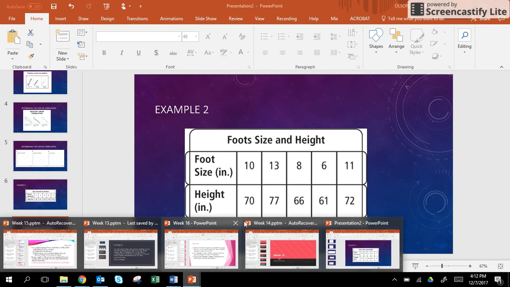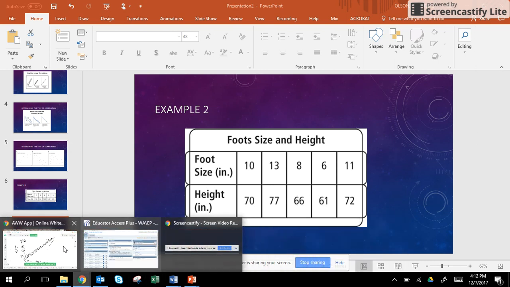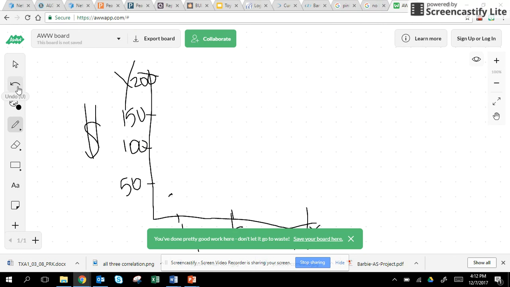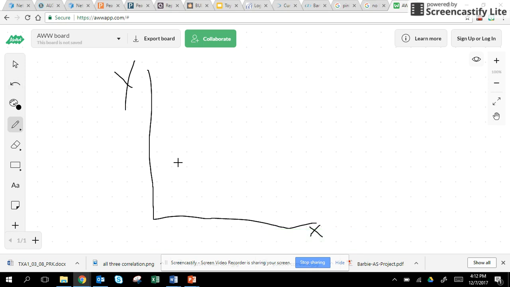We're going to come back to our little thing over here. We're going to go ahead and erase this. I'm going to just erase the numbers. All right, so now we have X, Y. We're going to say foot size is going to come down here.